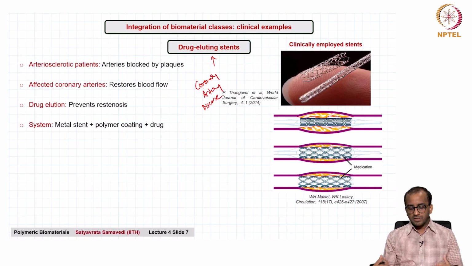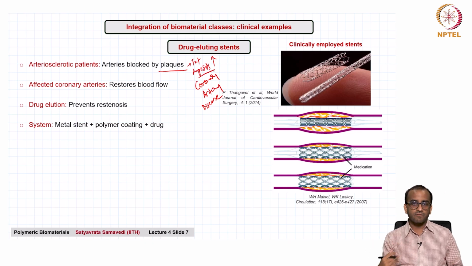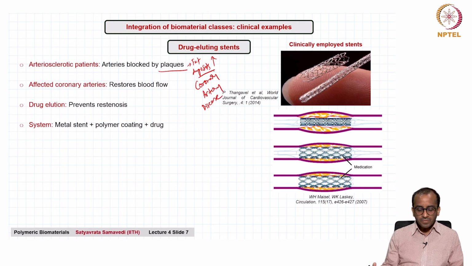And what happens in these patients is the arteries get blocked by plaques, which are largely fat deposits, lipid deposits. You want to restore blood flow in those affected arteries, because otherwise that can have very severe consequences for the patient.